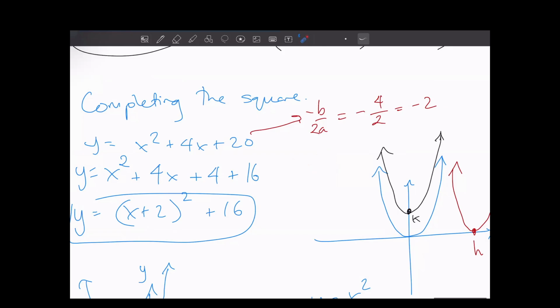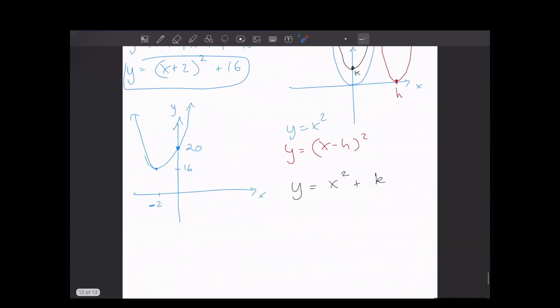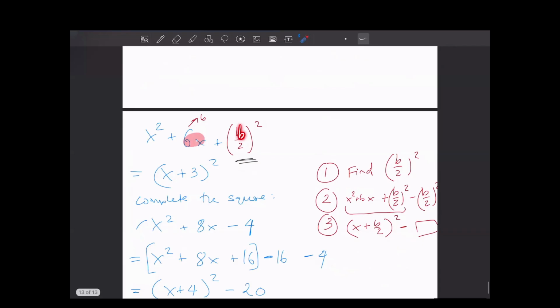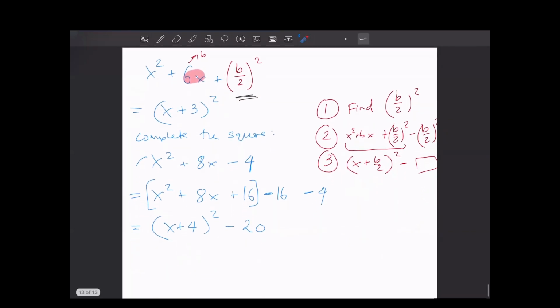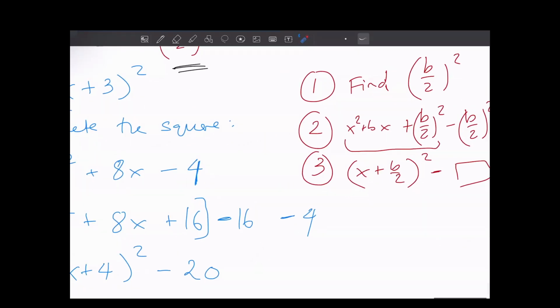Now, where have you seen that number before? Oh, I'm not sure. That's okay. It's slightly different. We've been talking about b over 2 squared, right? But the b over 2 is exactly what ends up being in our factorized form.